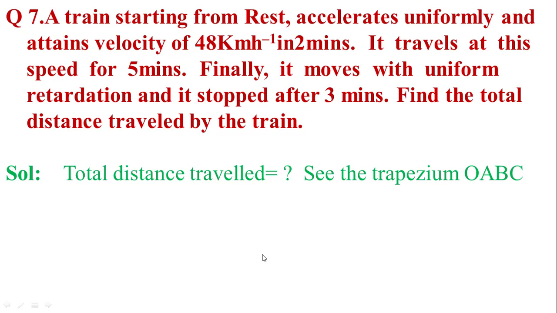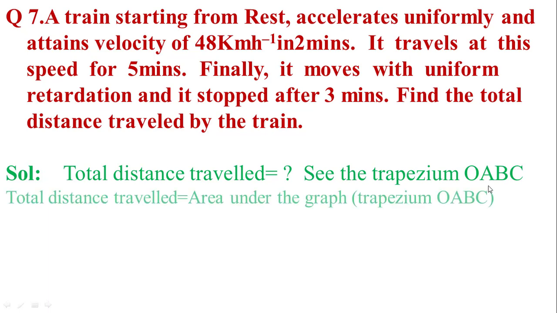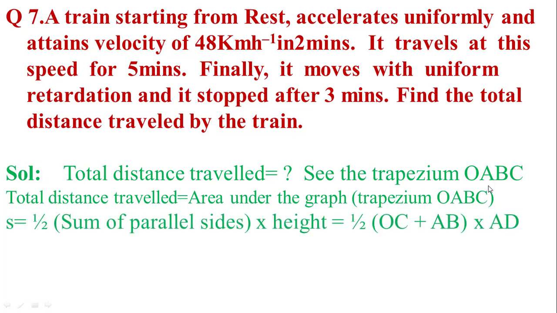Solution: the total distance traveled in trapezium OABC is equal to the area under the graph of trapezium OABC. The area of the trapezium, denoted by S for distance, is S is equal to 1 upon 2 times the sum of parallel sides multiplied by height, which is 1 upon 2 times (OC plus AB) multiplied by AD.